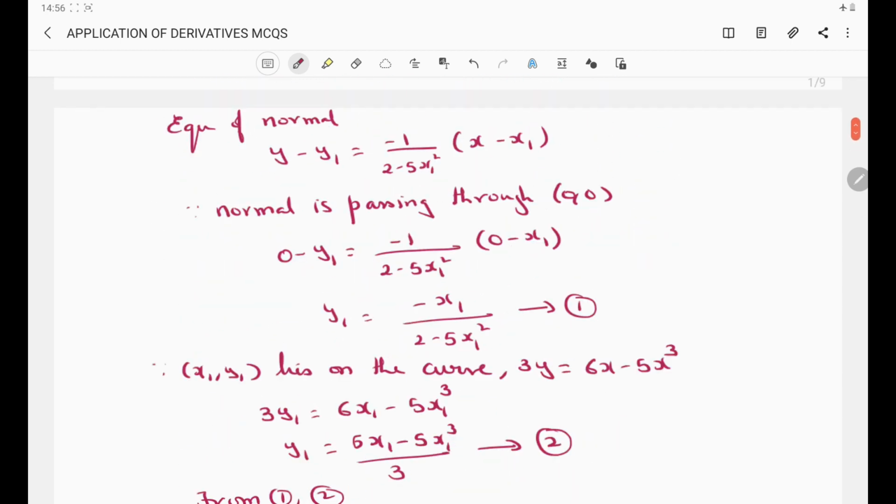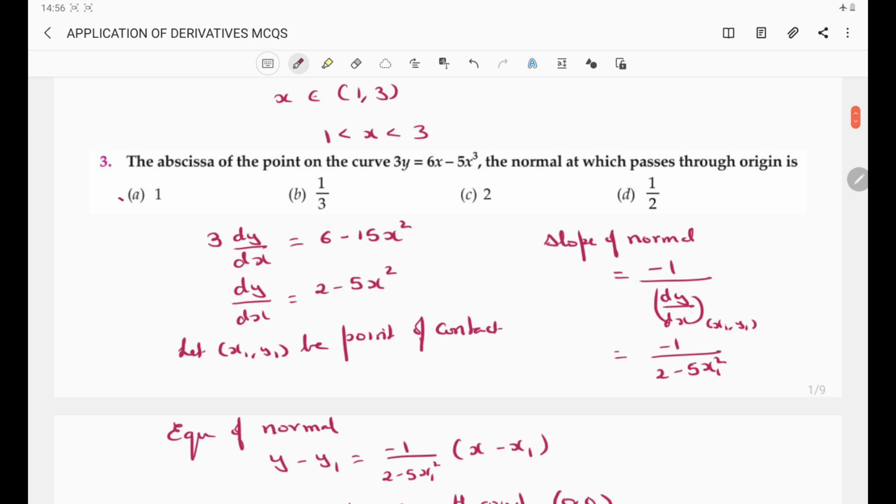So in the given options we have 1, so the right option will be 1.